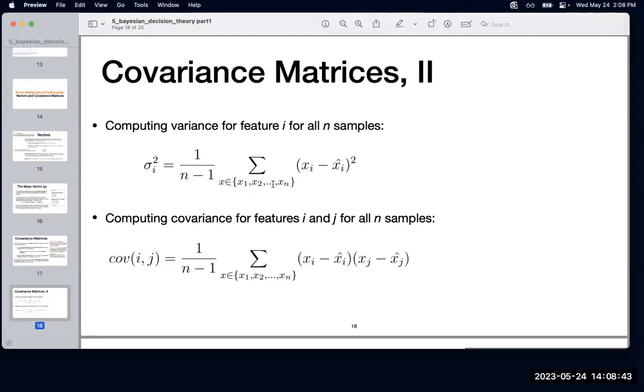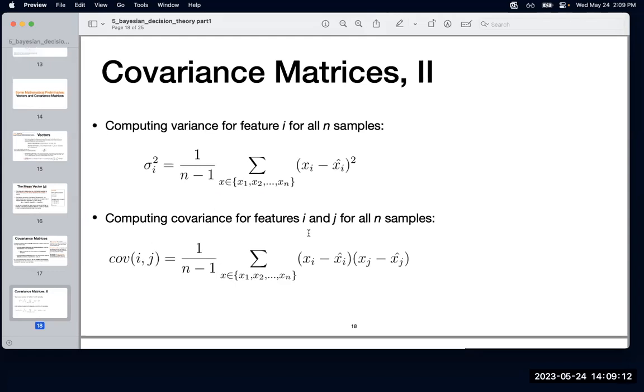So in this case, n samples that you have. This x hat i is just the mean that you have for that specific feature. And then you are essentially just calculating the difference from that one sample to the mean, and then squaring that value, and finally summing over those measurements for every sample, for every entry that you have.